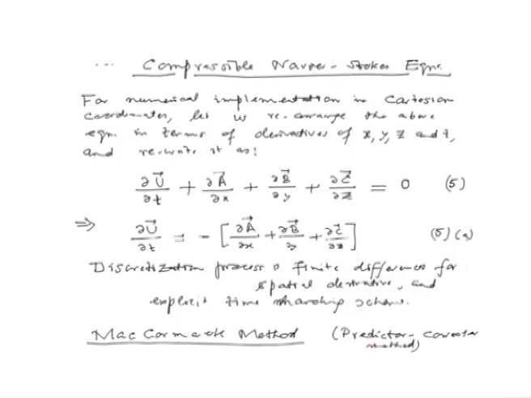We would use the solution which is available at time t is equal to t n, that is a known time, to obtain a predicted value for the variable or our solution vector capital U. Use this predicted value again to update, let us say, our material properties and other terms, and thereby get a final solution which is an average of the predicted solution as well as the initial solution at time t is equal to t n.